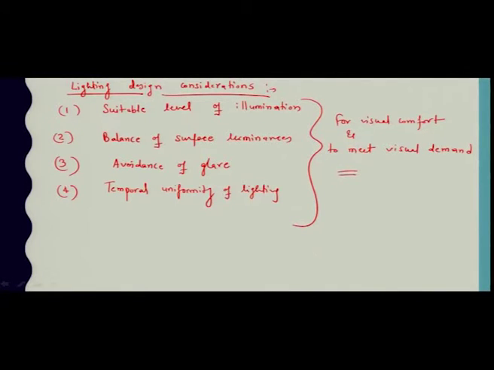So the ergonomic objective is accomplished by designing an appropriate lighting system, one that gives sufficient but not too much light for the task at hand. There are two terms of interest which we need to understand.